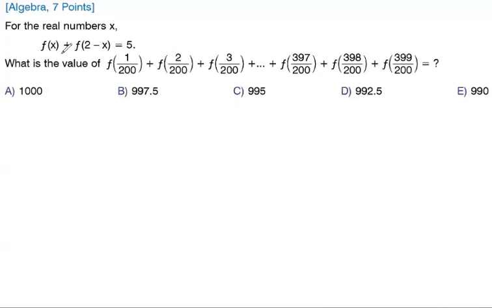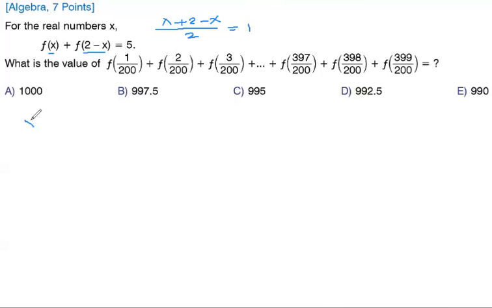And whenever I do have some functional equation, I like to find some specific values, which is usually helpful, to plug in some x values that will give us a concrete number. So in this case, we have x and 2 minus x. If I take their average, x plus 2 minus x over 2, the x terms will cancel and you get 1.